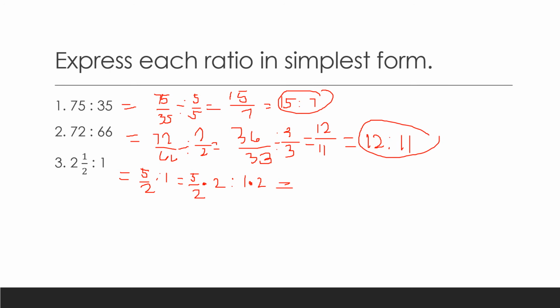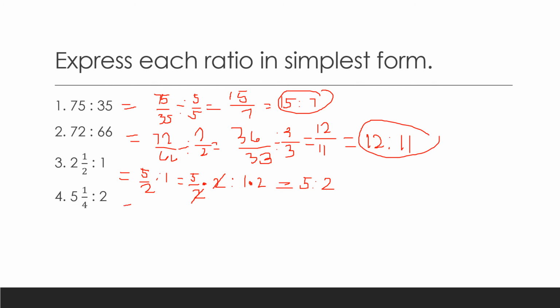Okay, so we cancel here, since 2 divided by 2 is 1. Cancel natin yan. So, we have 5 times 1 is 5, and 1 times 2 is 2. So, 5 is to 2. That's the simplest form.